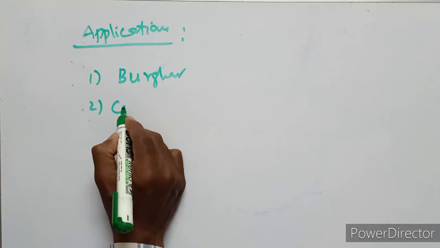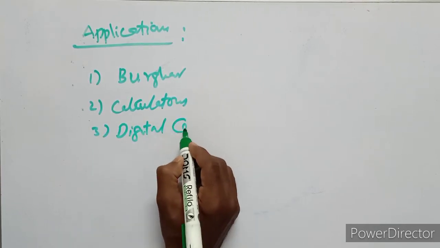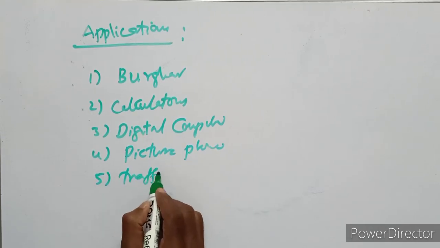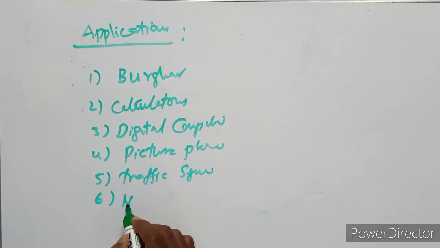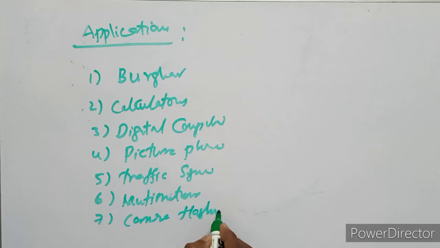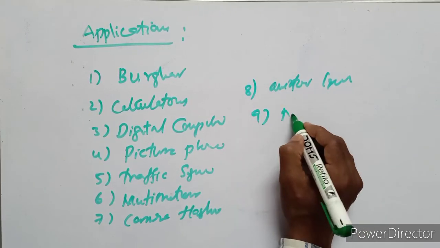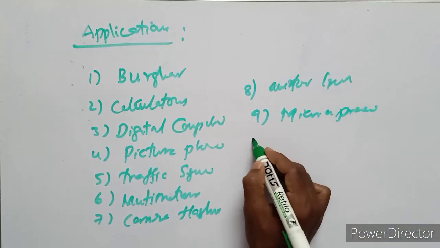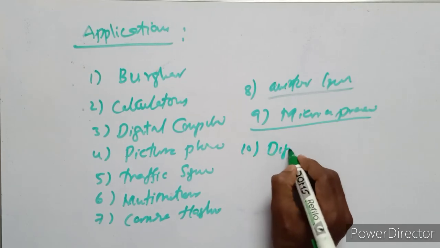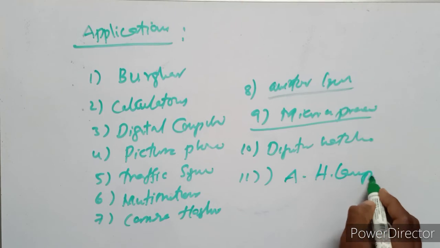LEDs are used in calculators, digital computers, feature phones, traffic signals, multimeters, camera flashes, aviation lighting, microprocessors, digital watches, and automotive heat lamps. These are all applications.